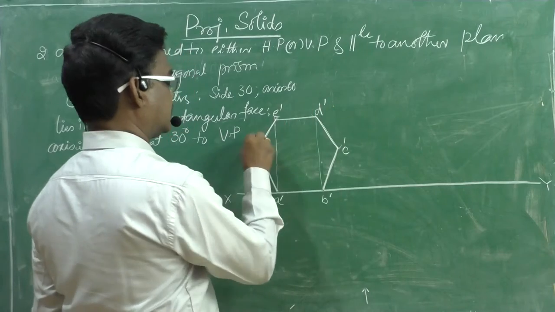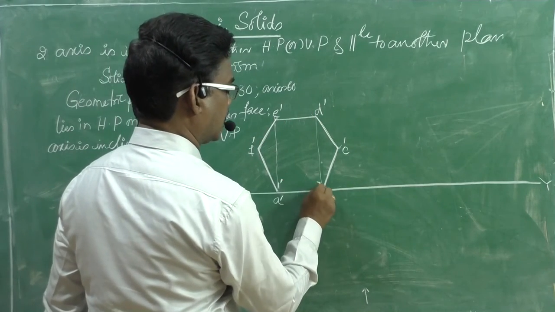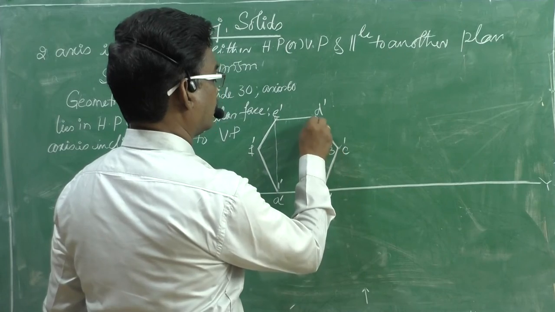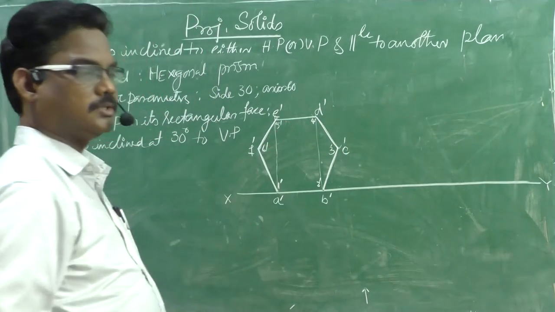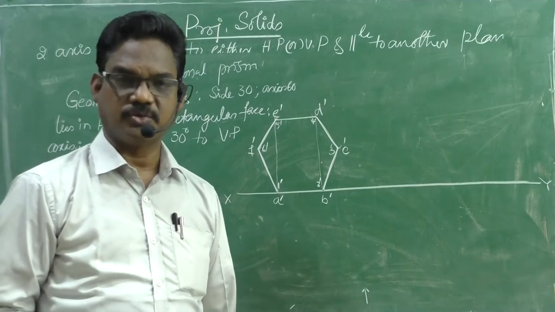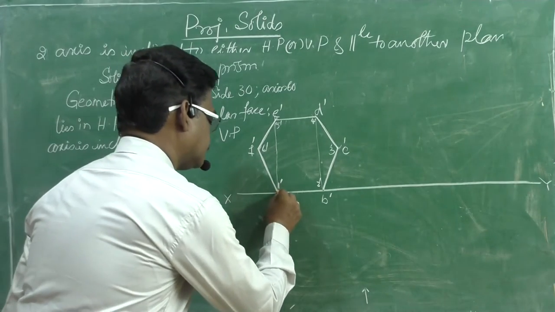We need to put dashes: 1 dash, 2 dash, 3 dash, 4 dash, 5 dash, 6 dash. I think you know this, the other invisible face, right? Now project it downwards.